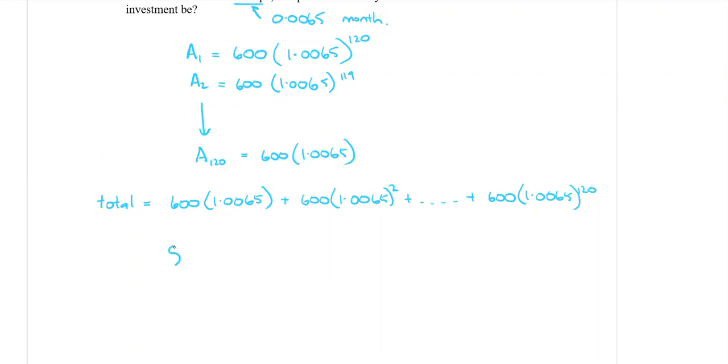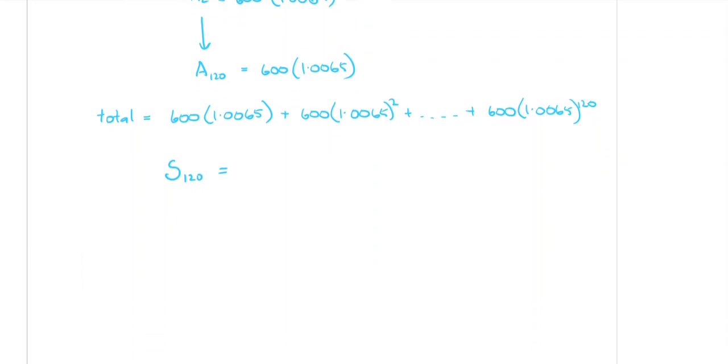The sum of the 120 terms will be the first term, times the bracket, the interest rate, which was the ratio of the series, 1.0065 to the power of 120, minus 1, all over 1.0065 minus 1.